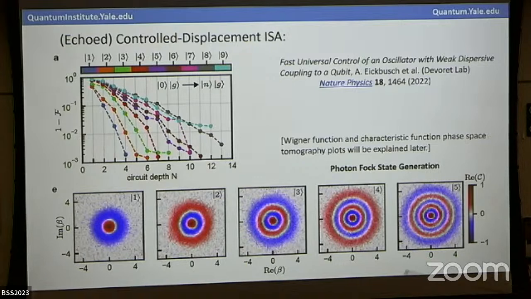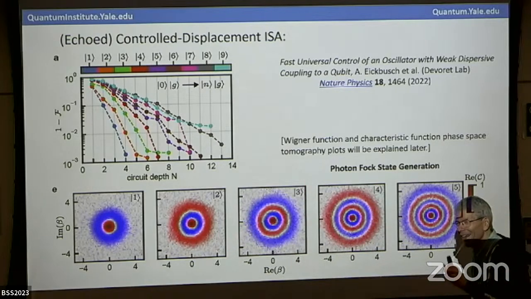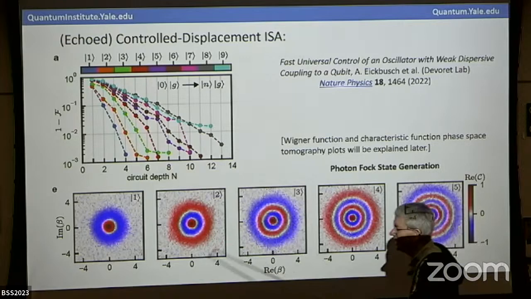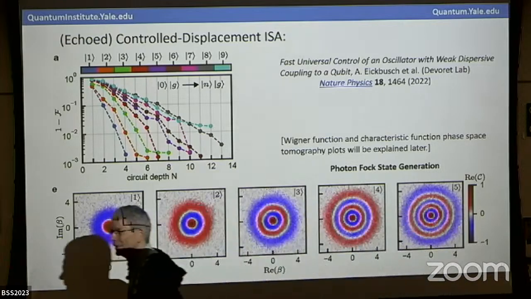It's supposed to end up in the ground state according to the computer. You measure it, but I think these are the raw infidelity. You can improve the fidelity by measuring the qubit and post-selecting the ones that are in the right state. I don't think that was done here, but I'm not sure.